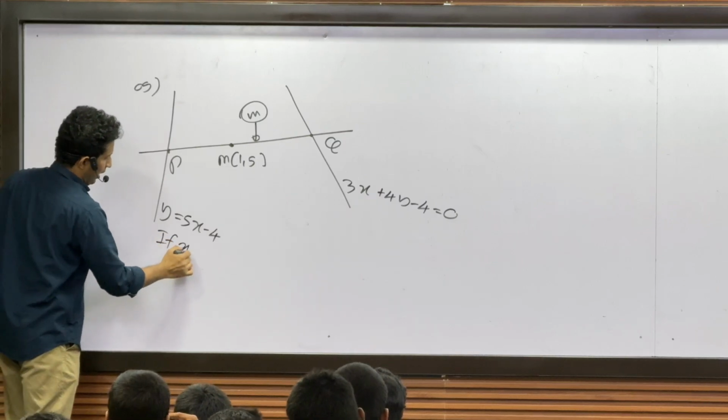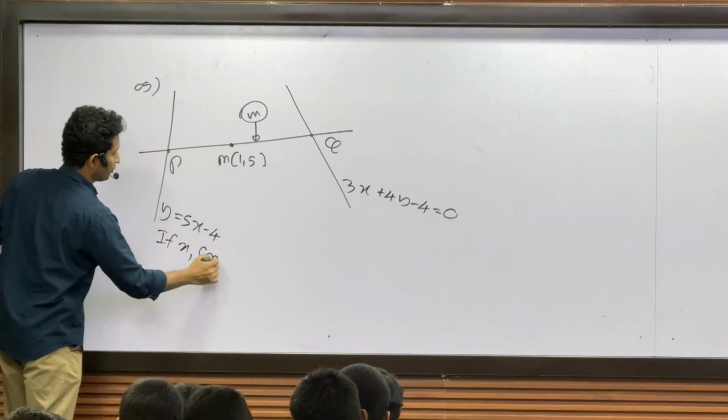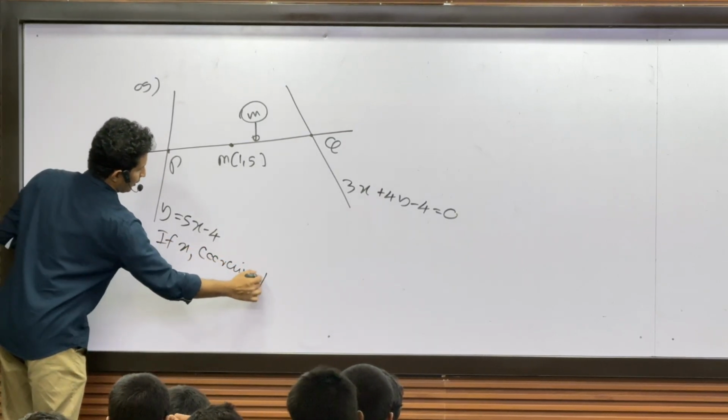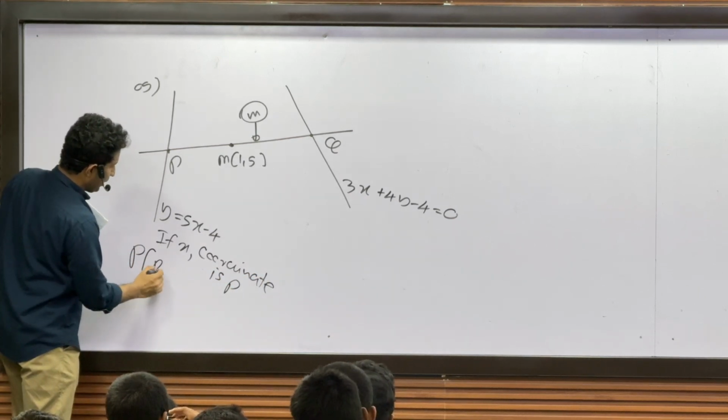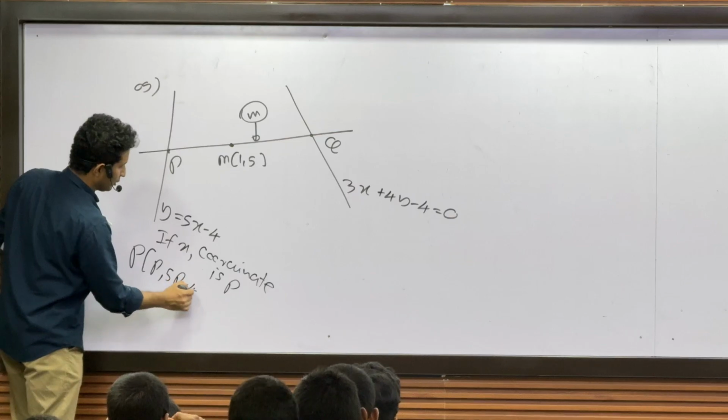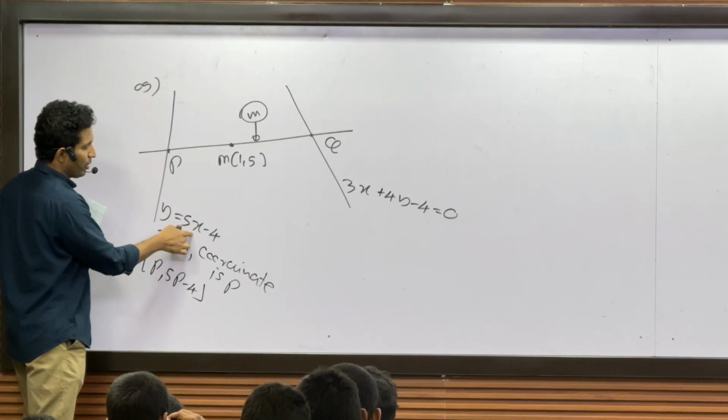If the x coordinate is p, you can write P as (p, 5p minus 4), because y equals 5x minus 4.